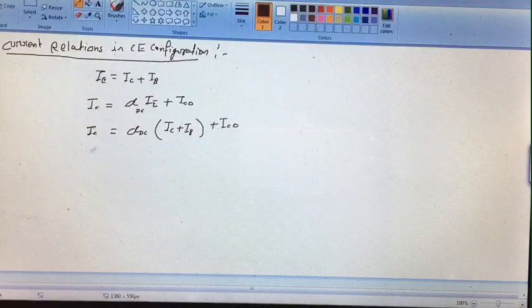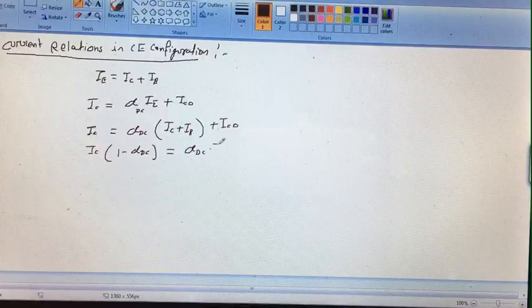Just changing the side, IC will be common: IC times 1 minus alpha DC is equal to alpha DC into IB plus ICO.